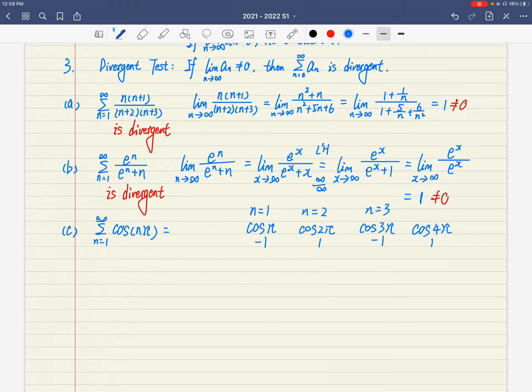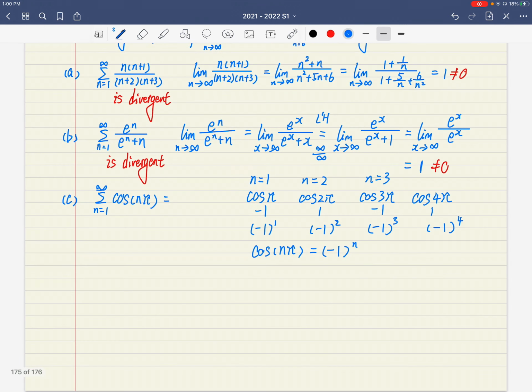So you can rewrite it as negative 1 to the power of n. That is negative 1 to the power of 1, negative 1 to the power of 2, negative 1 to the power of 3, negative 1 to the power of 4. Which means cosine n pi is equivalent to negative 1 to the power of n.